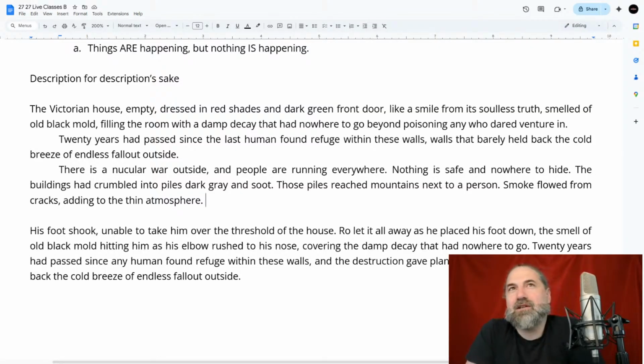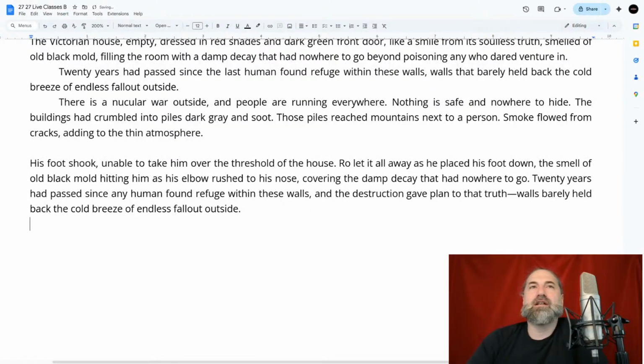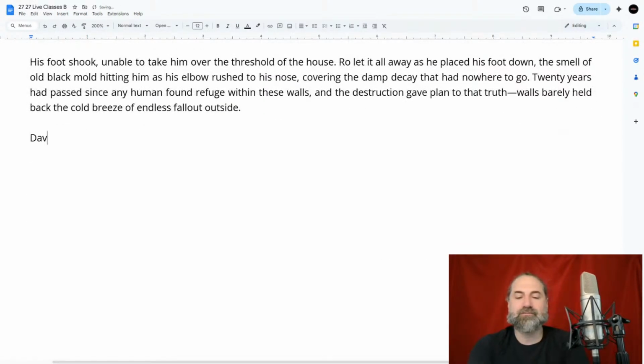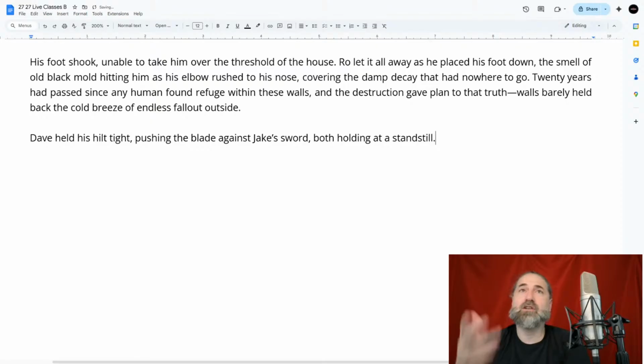But describing action sequences is one thing. In a fight, you could write, Dave held his hilt tight, pushing the blade against Jake's sword, both holding at a standstill. You could write it like that, right? Or you could go, the clash of steel rang out over the battlefield.